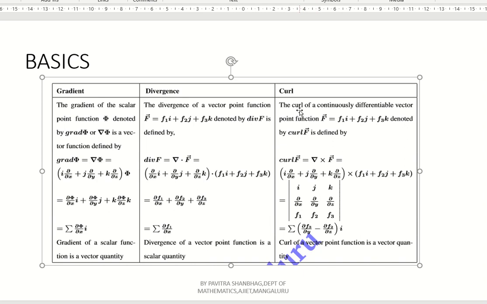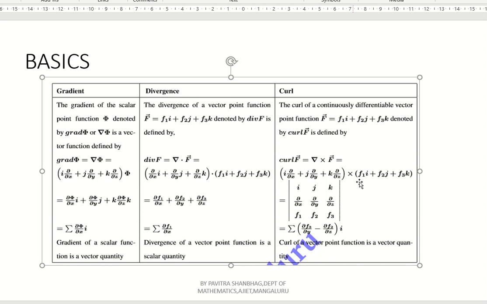Curl of a vector is denoted by curl f. Again, what is vector f? f1 i plus f2 j plus f3 k. And curl f is nothing but del cross f, right?